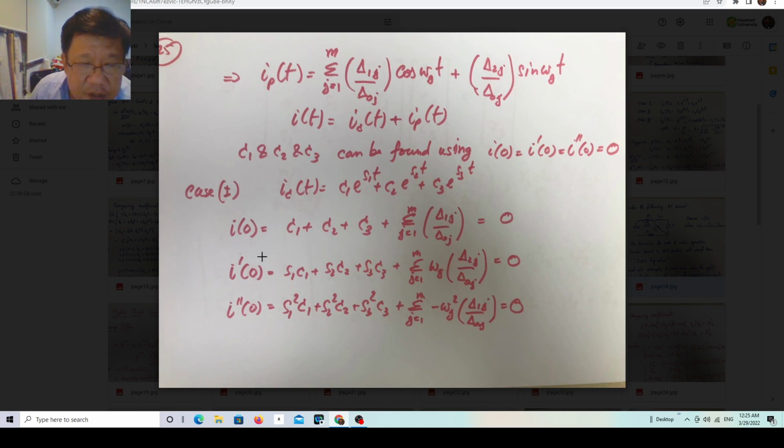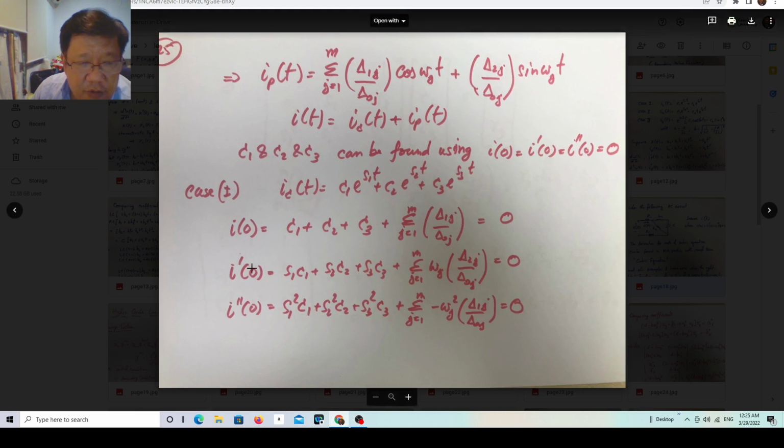For the derivative, once you find the derivative of each term here, I'm not going to write it down for you, but the first term you get s1 times c1 times exponent of s1 times t, plus s2 times c2 times exponent of s2 times t, and so on up to the third term.